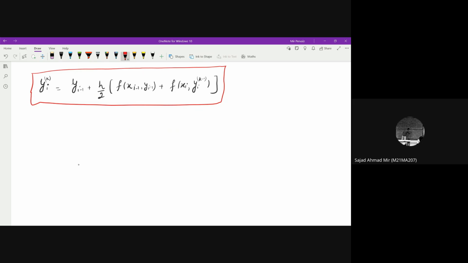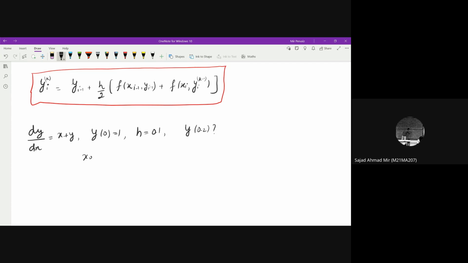Now let's solve one problem with this method also. You have the system dy by dx is equal to x plus y with the condition y of 0 equal to 1, and the step length h, which I am specifying as 0.1, and you have to find the value of y at 0.2.